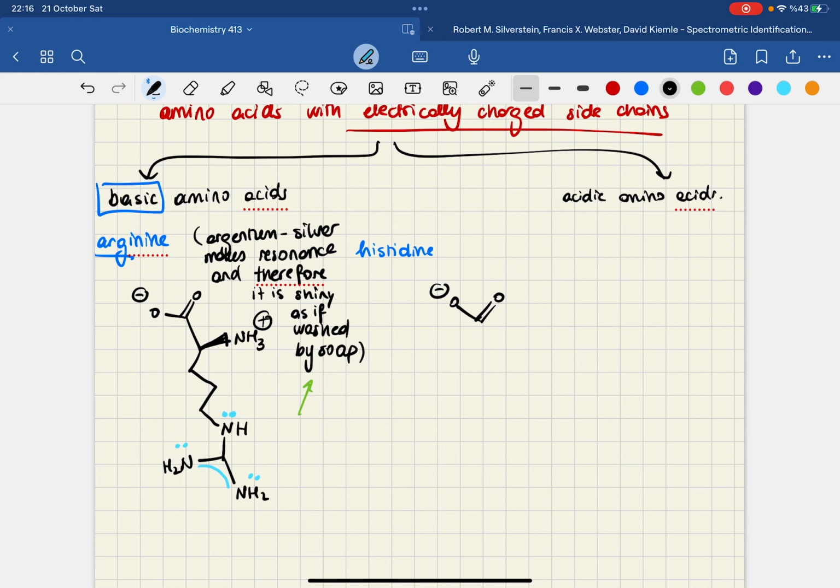We have our carboxylic acid, and then we will have our R group. We will have our nitrogen amino group attached, positively charged, and then we have 1 carbon over here. With arginine we had 3 carbons. Let's count them.